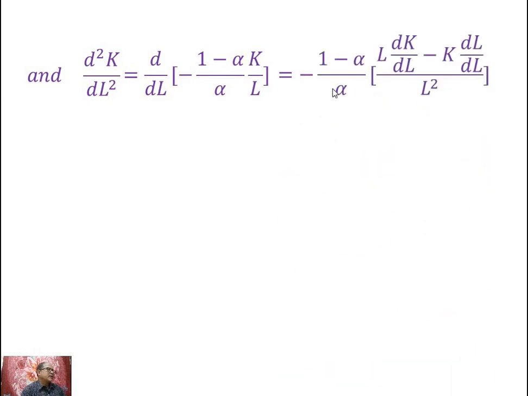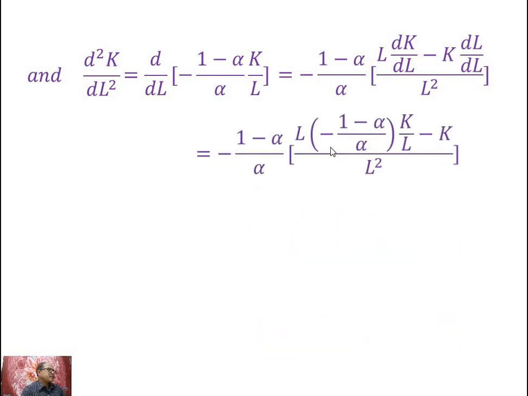Here this is the value of dK/dL that we have put. After differentiating it, this is the constant, and K/L is a ratio of two functions, so we use the quotient rule of differentiation. After applying the quotient rule, we get this.